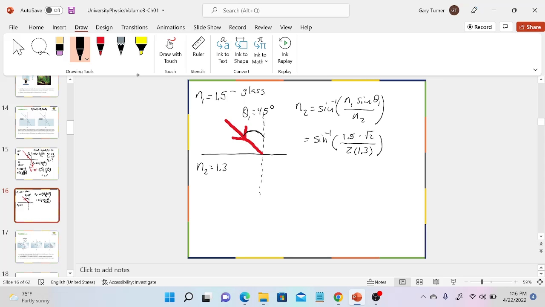So we can say that that's approximately, if we want, 54.7 degrees. Okay. And so now this is going to bend outward.